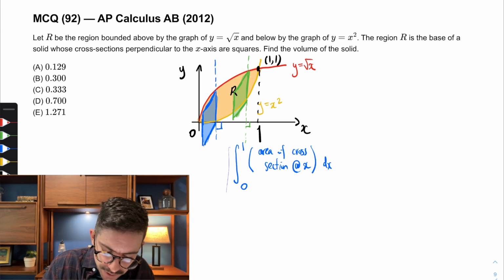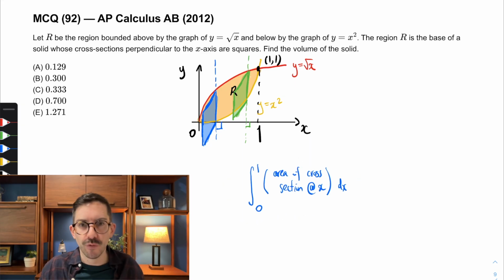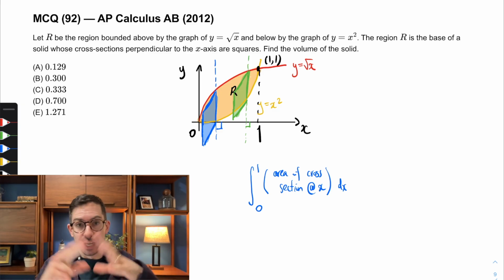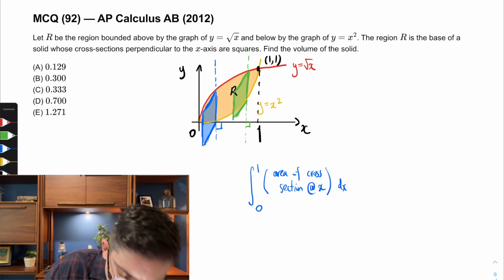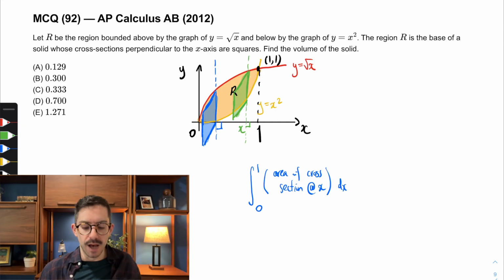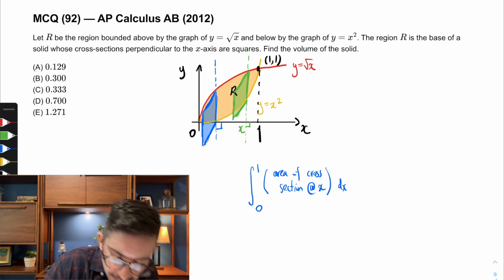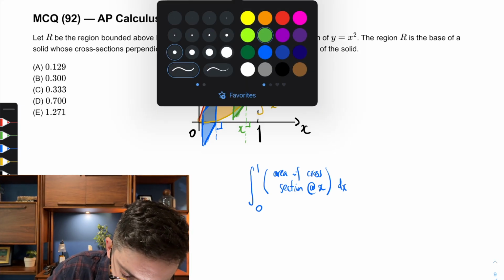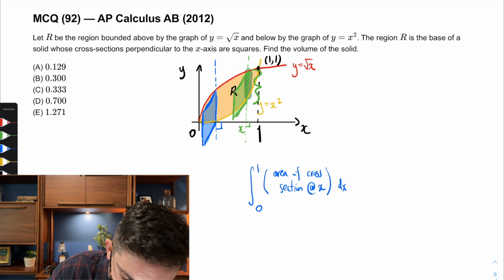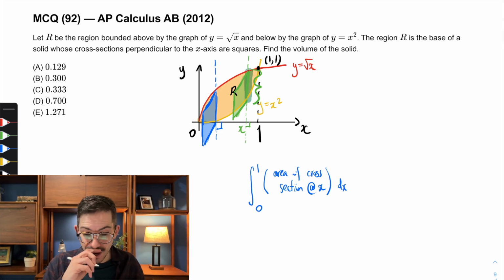Well, how am I supposed to figure out the area of a cross section? The good news is it's a square. So if I know the side length of the square, I just square it to get the area of the square. How am I going to do that? Well, let's say I look at this particular cross section at x on the x-axis. What is this side length here? How do I find that?